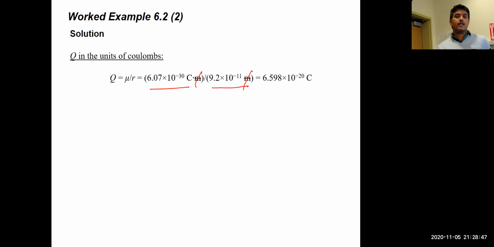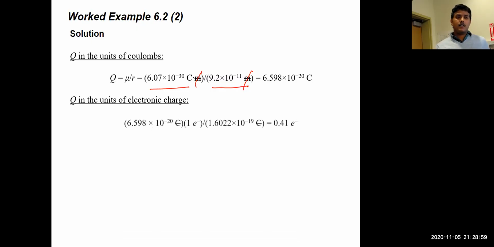How do we do that? We are going to use the standard relationship between the charge of one electron and the charge in coulombs. One electron charge is equal to 1.602 times 10 to the power of -19 coulombs.